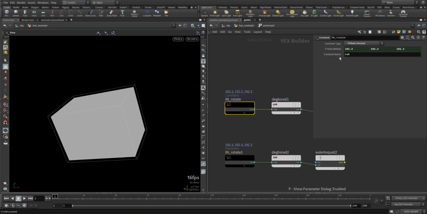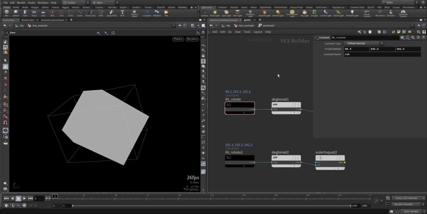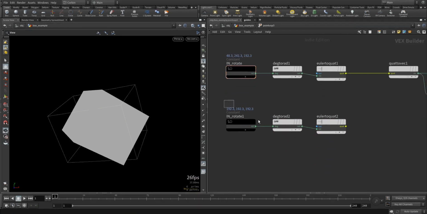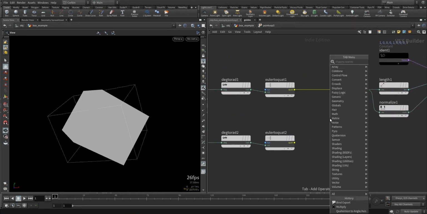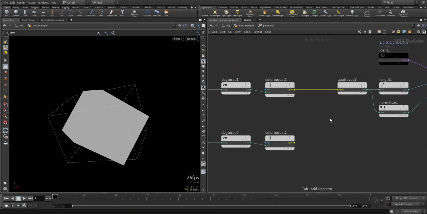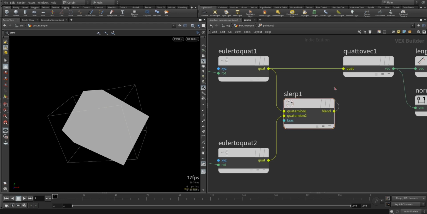So let me just take this one and I'll break it and say, let's do some different rotations. So I've got some rotation here, and then I've got the one that's reading from the transforms. We can now use our spherical linear interpolation node because we have 2 quaternions. It's nice and smooth rotation blending.